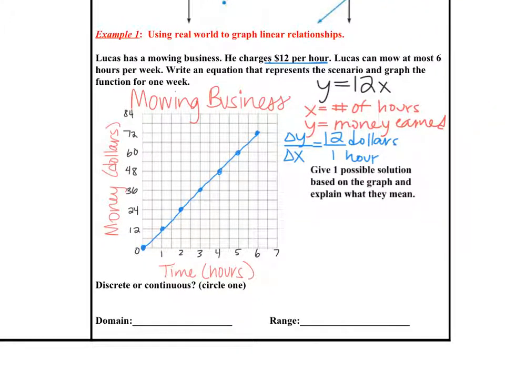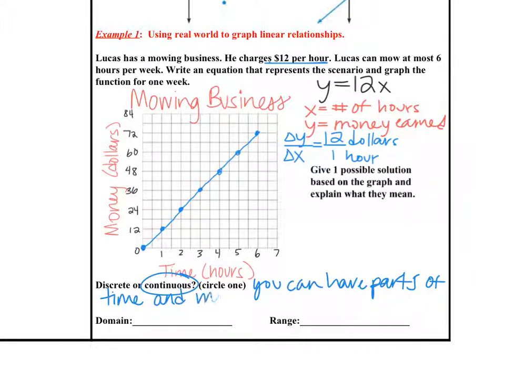So we said it should be continuous because what Cole said, you can have parts of time and money. You can have partial amounts of both of those things. So you can have everything in between the whole numbers as well. We reviewed domain yesterday.